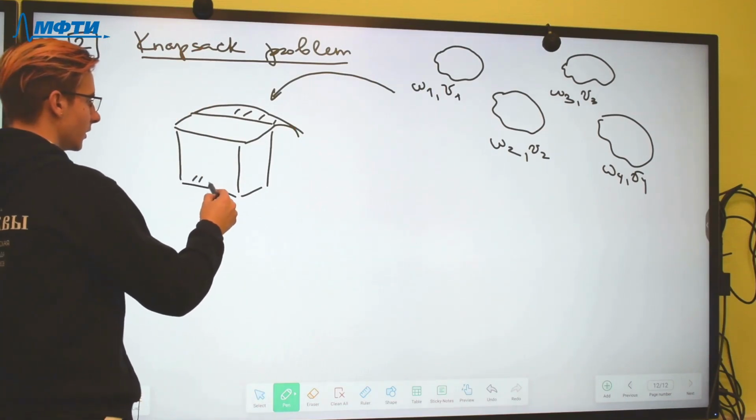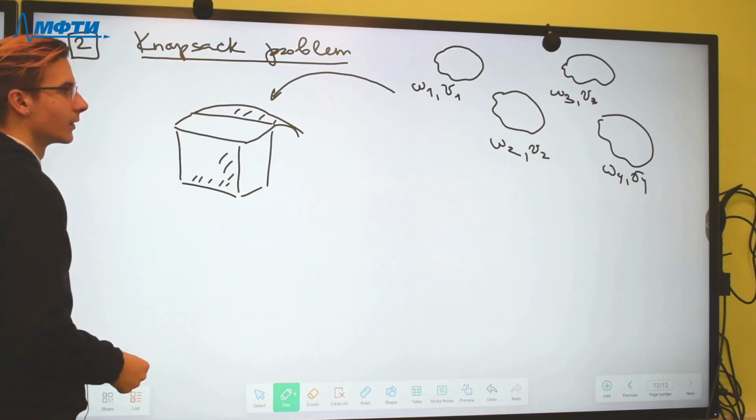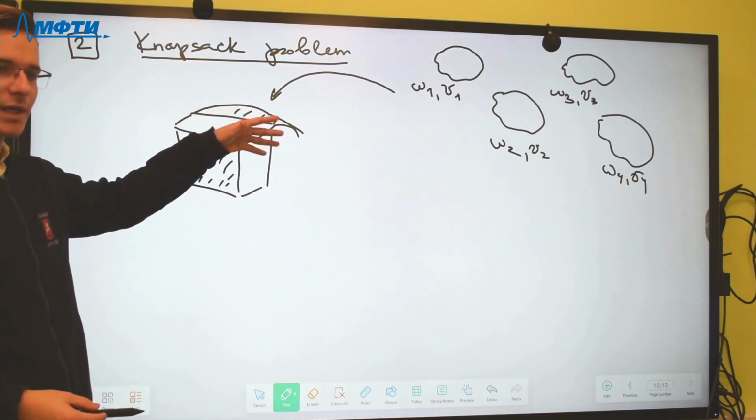And you have a restriction on the sum of the weights of the stones.